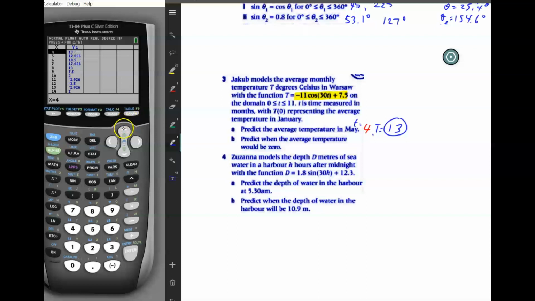And so there's a couple ways to do that. One of the ways is to look here, and I can see that it looks like there'd be 2 places. One is between month 1 and month 2, right? Looks like there would be a 0 there. And the other is between month 10 and month 11, right?